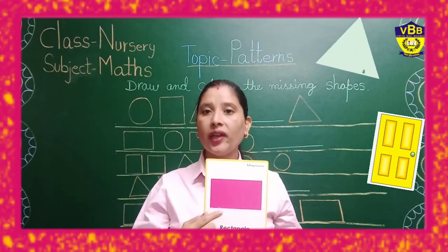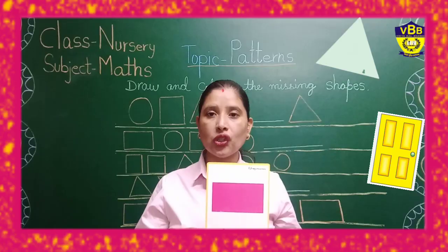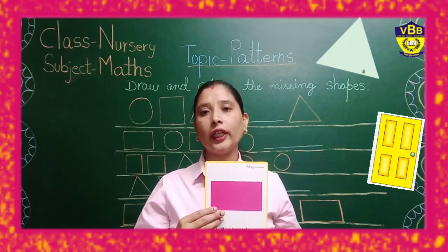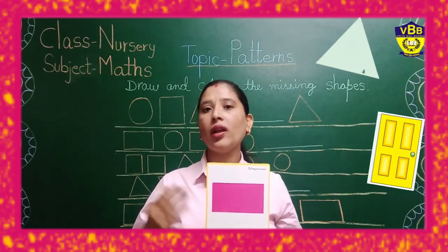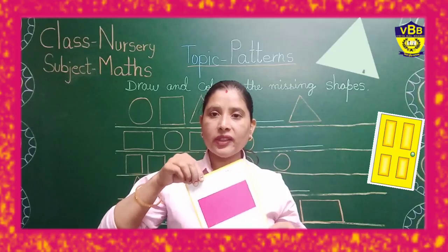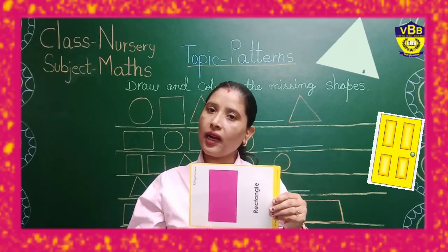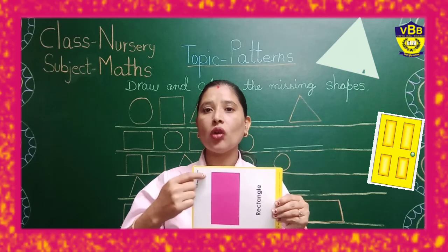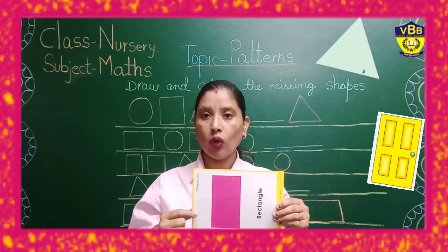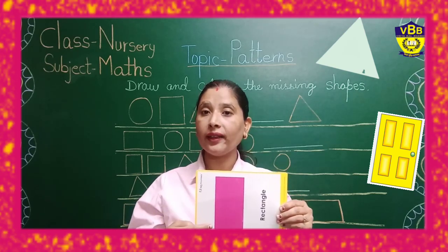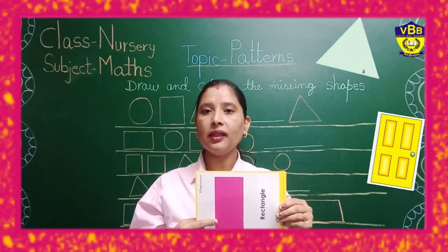But because rectangle shape is having two positions, the objects related to it are also different. If I just rotate it like this, then this is again the rectangle shape, but this is in the standing position. So which objects look like such a rectangle?